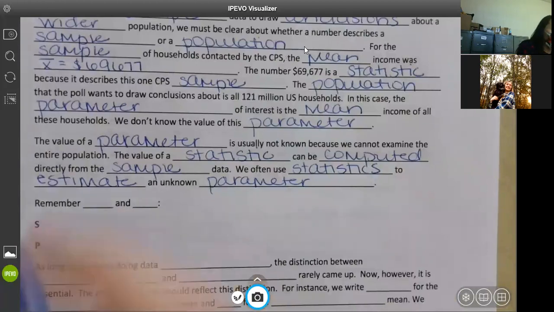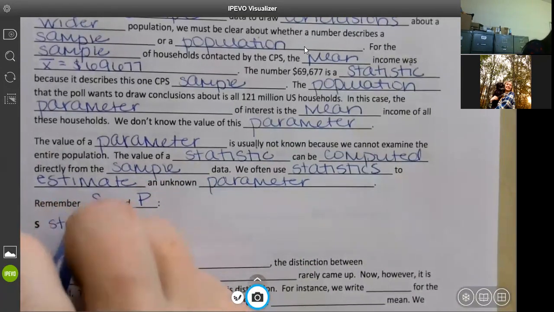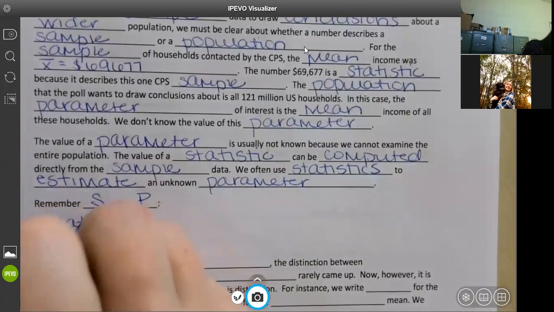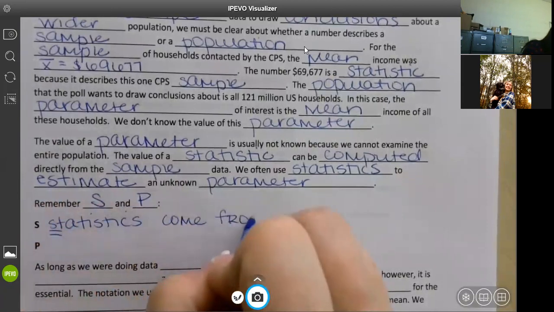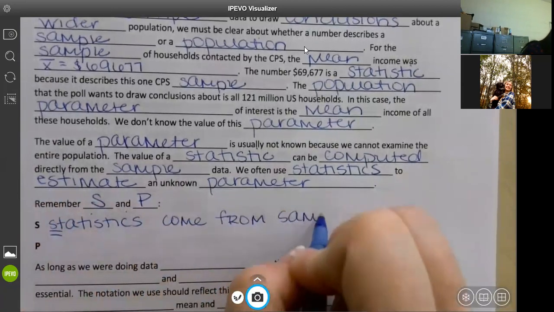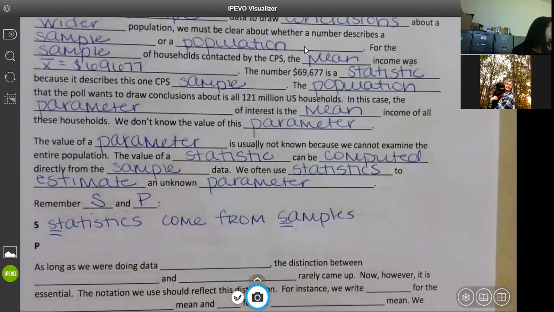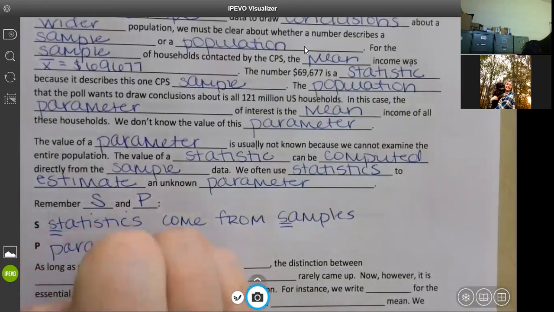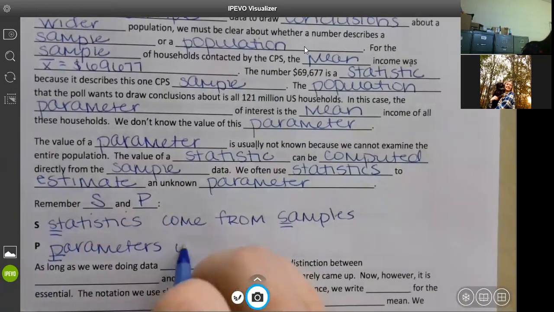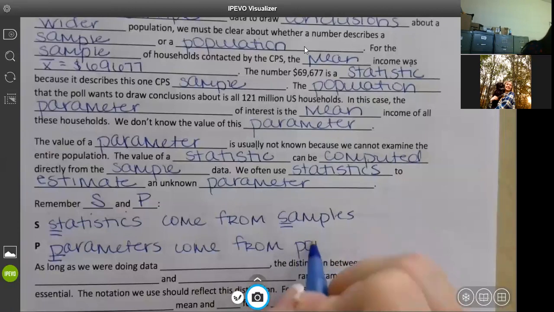Right. So remember S and P. Your S, statistics, come from samples, and parameters come from populations.